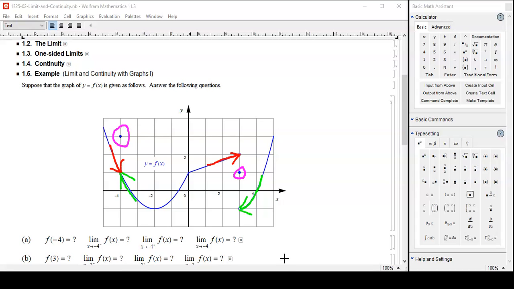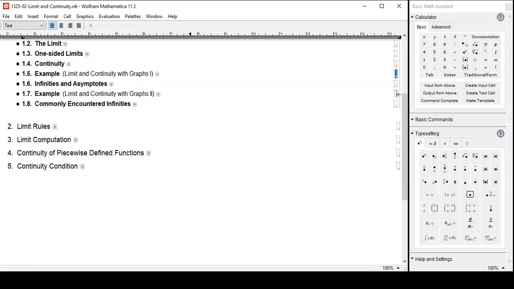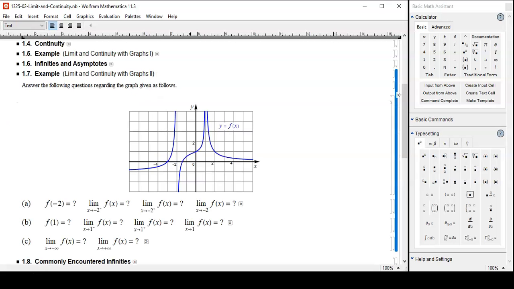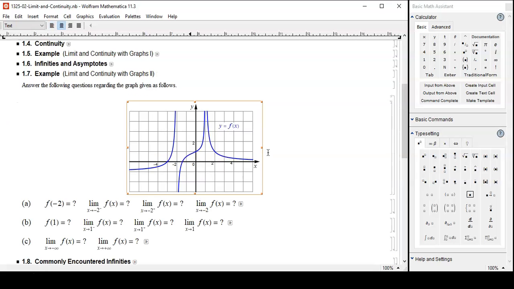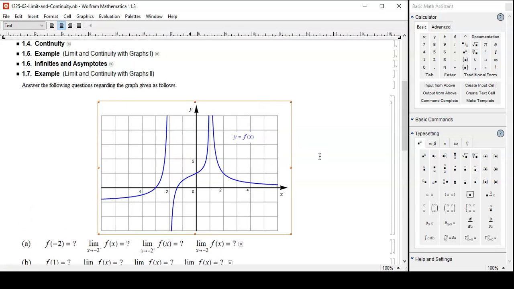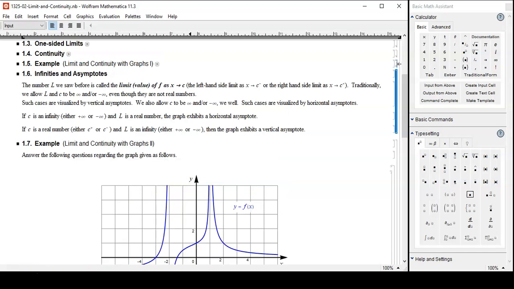We went through that. Now let's consider the other aspect. Things like this. When we have asymptotes, vertical or horizontal, the limit value L can be infinity.